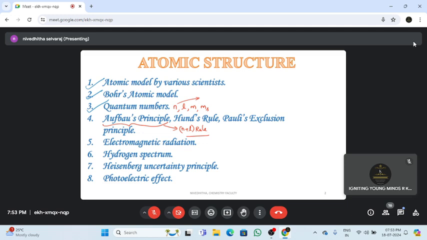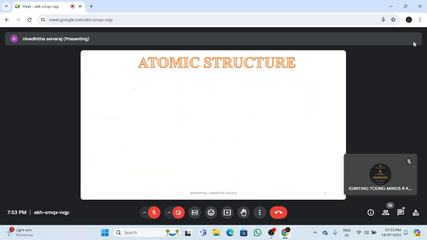I'll give you a few orbitals and please let me know the proper increasing or decreasing order of energies, okay? For example, I have 4d, 5p, 5f, and 6p orbitals.